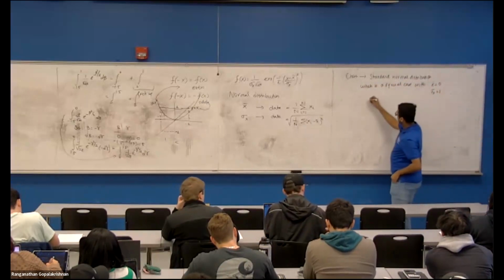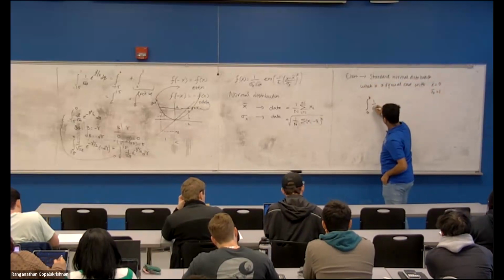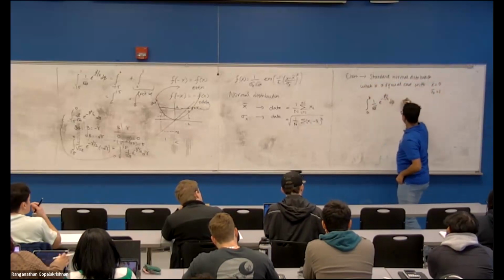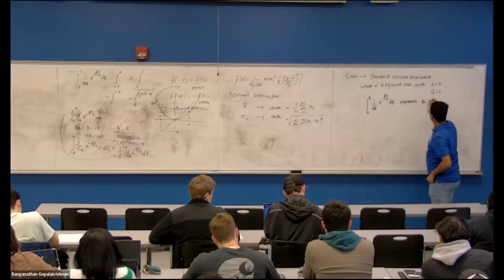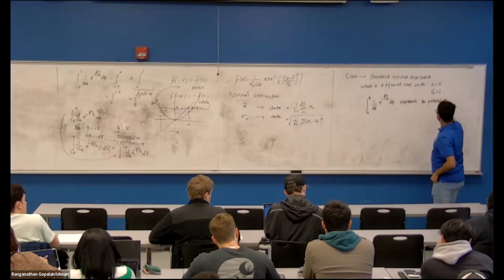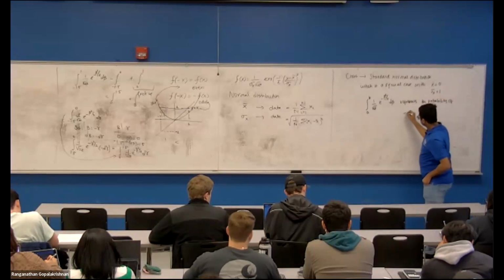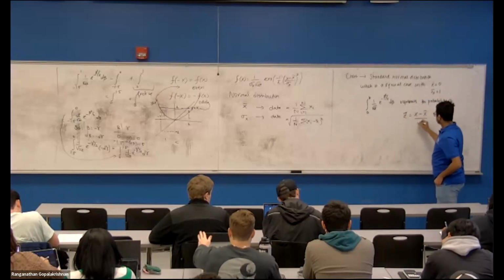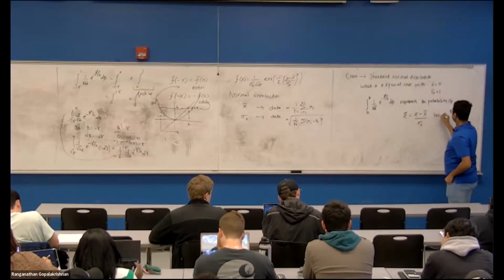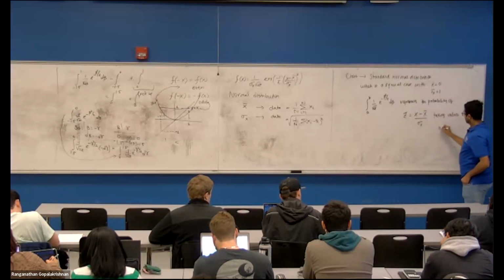And for that, we do the lookup. We say the integral from A to B of 1 over square root of 2 pi, e to the power minus beta squared over 2, d beta, represents the probability of z, equal to x minus x bar divided by sigma x, taking values between A and B.